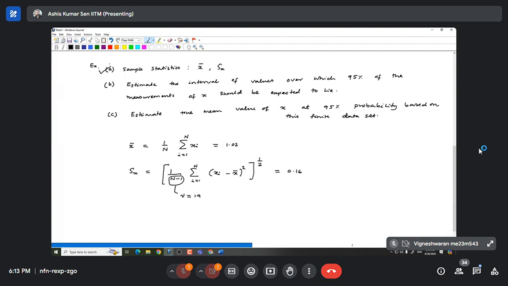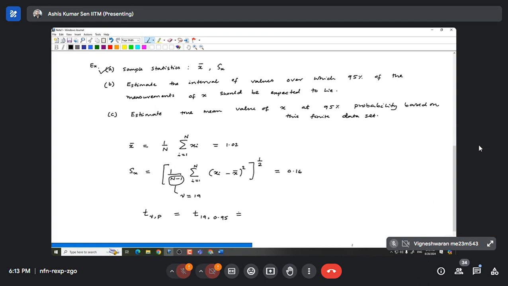Now we want to estimate the interval of values over which 95% of measurements of X should be expected to lie. So essentially, we want to know what is t nu P, and in this particular case, nu is 19, and 95% of the measurements, so we take the probability to be 0.95 because that is the area under the curve.